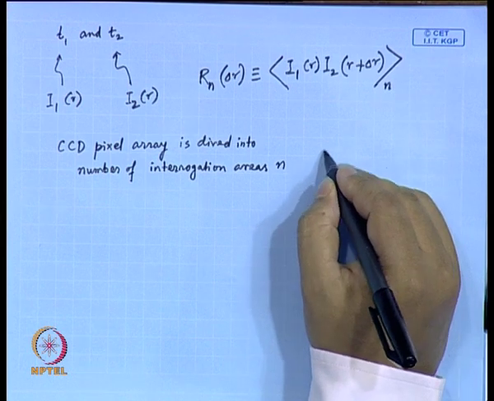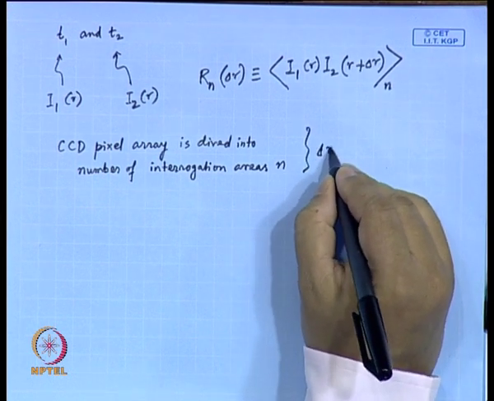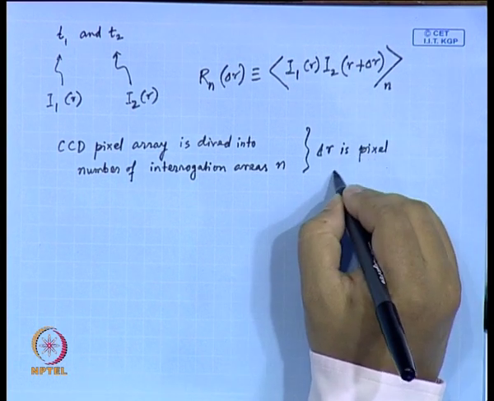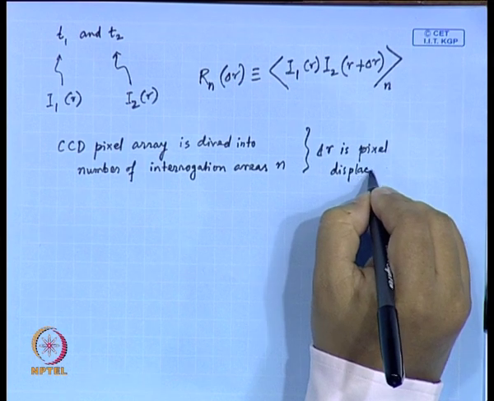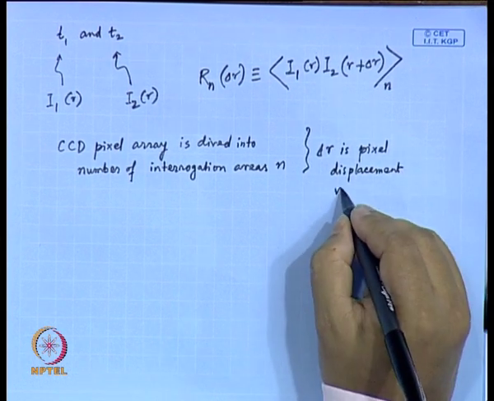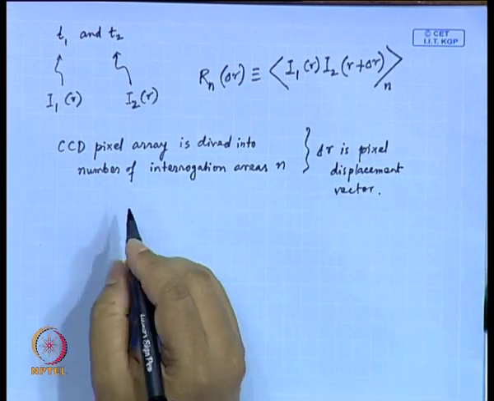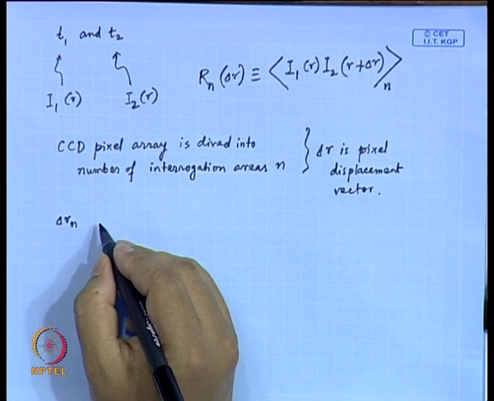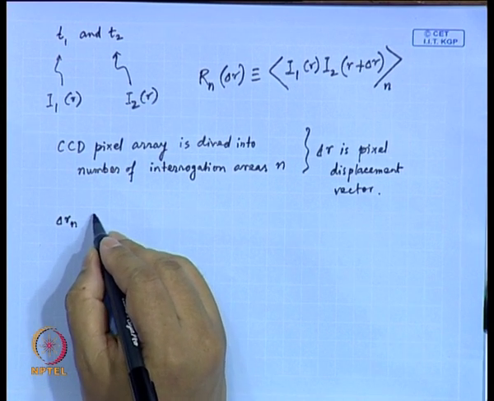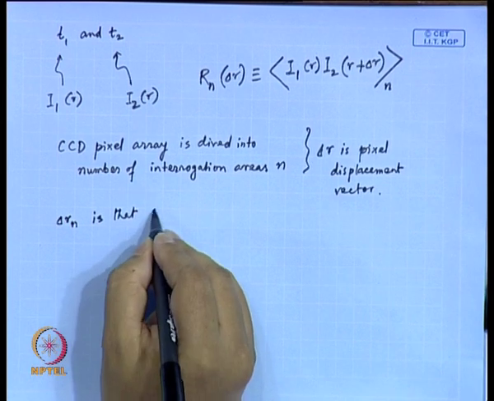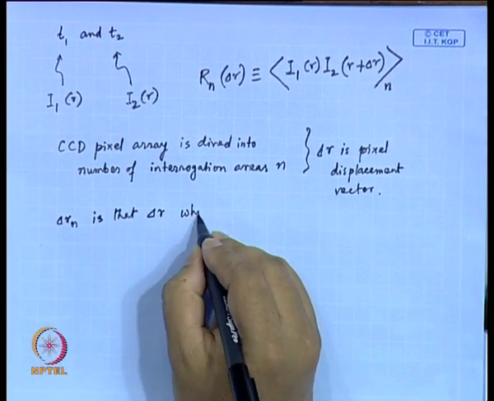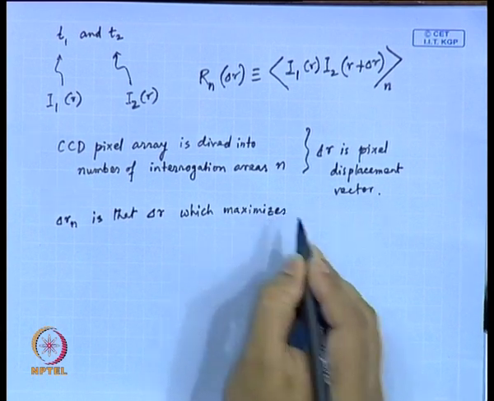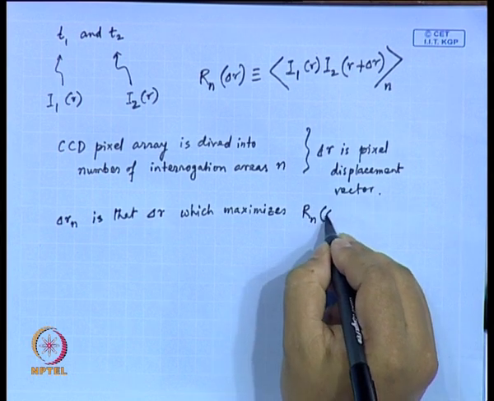And delta r here is defined as the pixel displacement vector. Then you choose delta r_n such that delta r_n is that delta r which maximizes R_n(delta r).